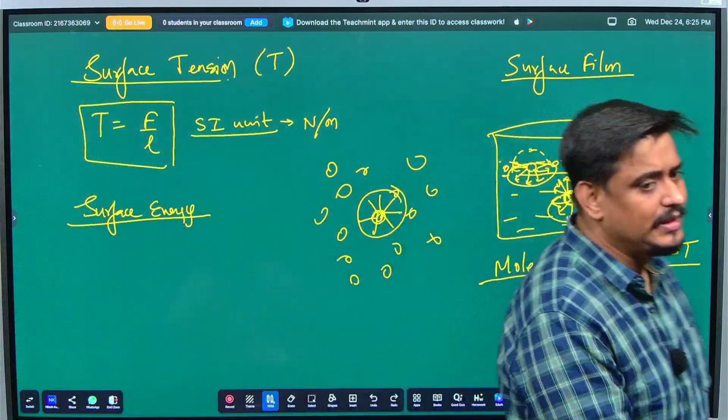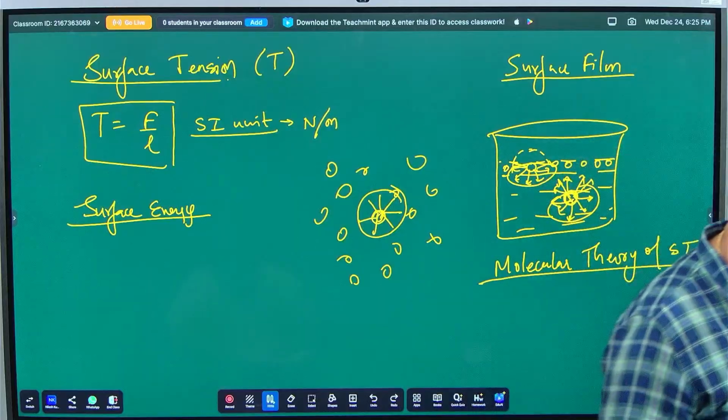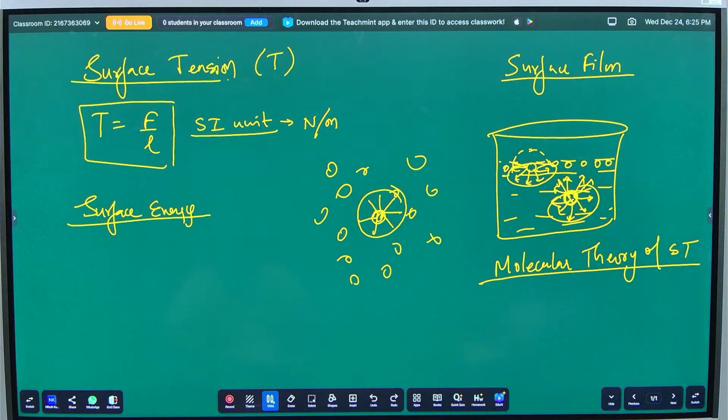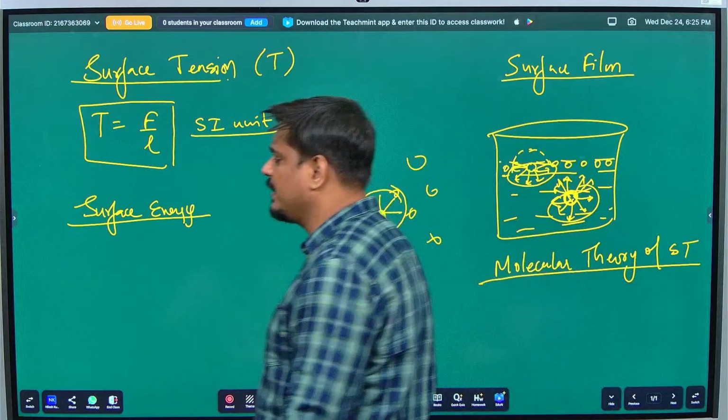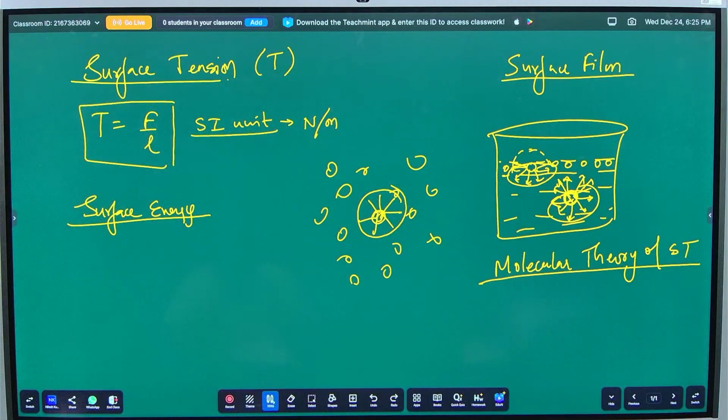The extra energy possessed by the molecules of the surface film is known as surface energy.